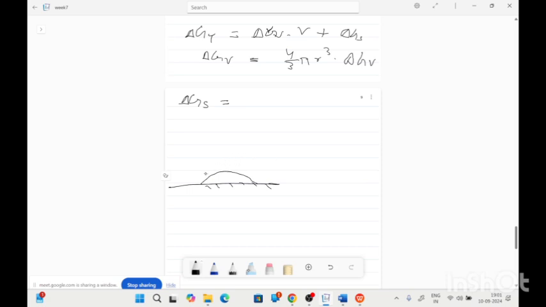suspended particle surface. So if this is the solid nuclei formed on the suspended intermetallic, this is the intermetallic surface, and this is liquid aluminium. The contact angle between these is theta, and the surface energies associated with these three surfaces will be gamma SL, gamma LI, and gamma SI.